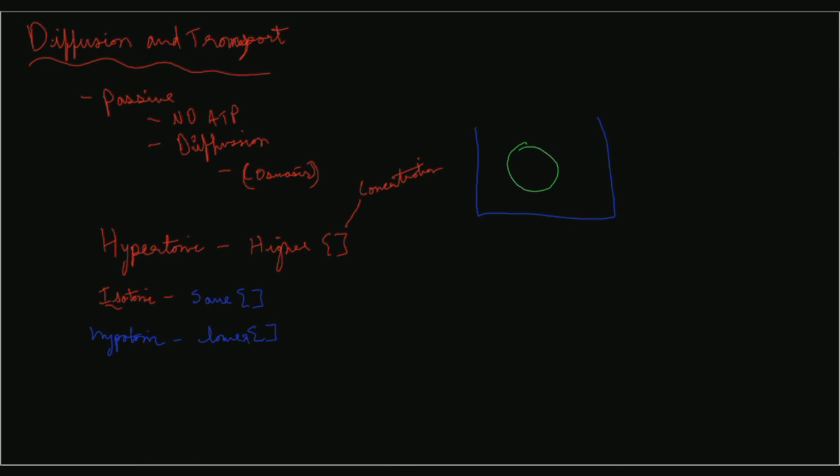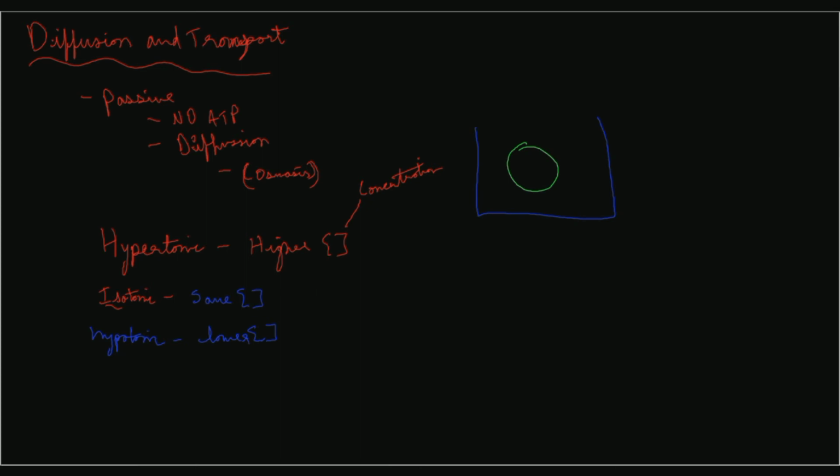Alright. So, for instance, let's say the cell is hypertonic. It has a higher concentration of water. Well, in this instance, the water will, in fact, go out of the cell if it's hypertonic. Now, if the cell was hypotonic, or the water was hypertonic, then the water would seep into the cell.